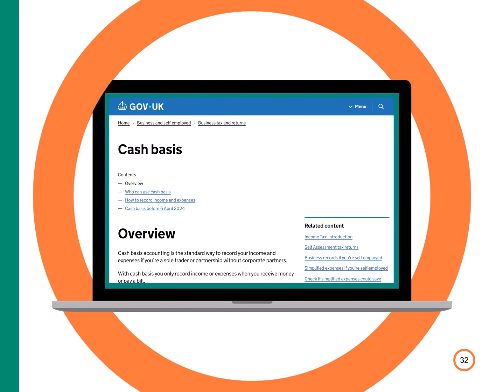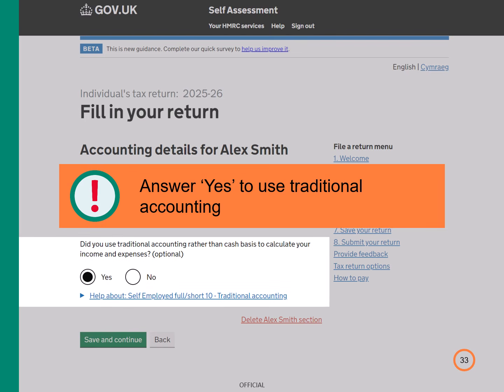You can also find more about using cash basis by searching cash basis on gov.uk. So, if you want to use traditional accounting or you're excluded from using cash basis, you'll need to answer yes to this question. Otherwise, answer no.